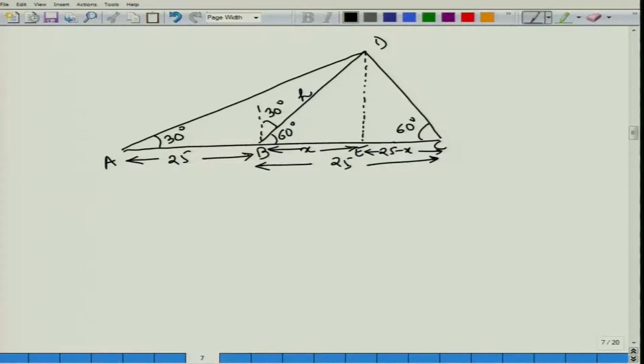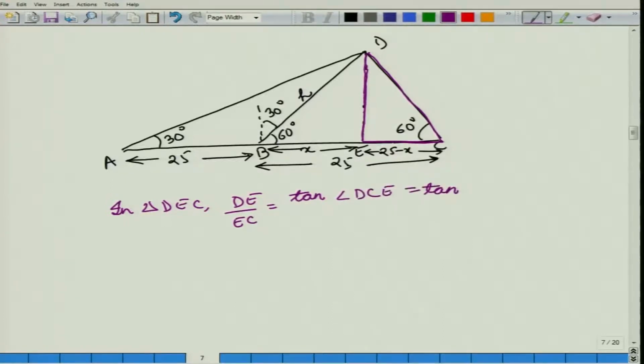Now, in triangle DEC, DE upon EC, the perpendicular upon the base, is equal to tan of angle DCE, which is tan 60 degrees, that we know to be root 3.